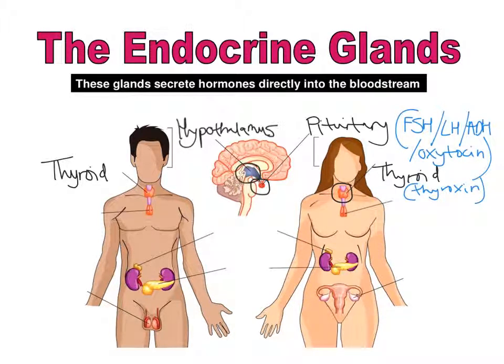Now what you can't see behind the thyroid, positioned just behind this region that we're circling, are what are called the parathyroids.